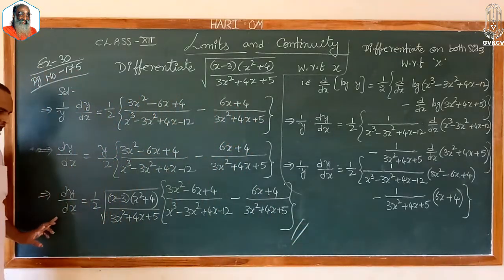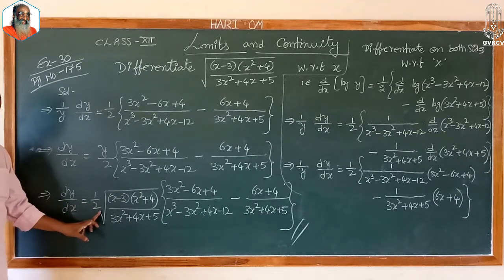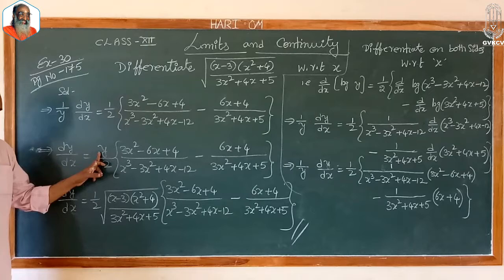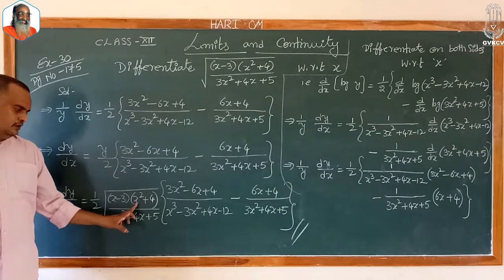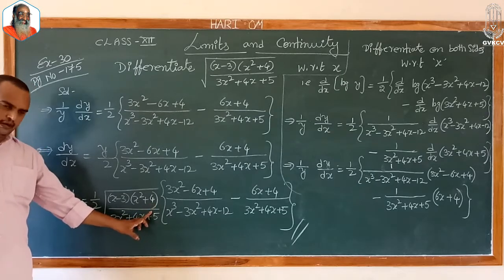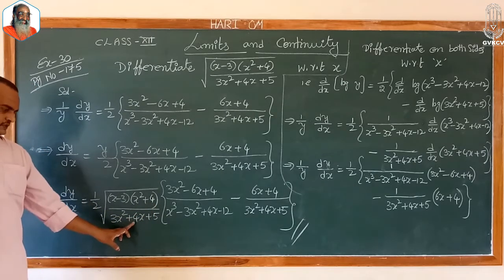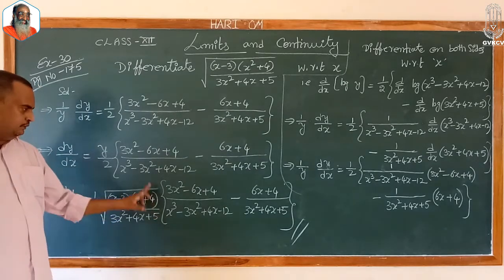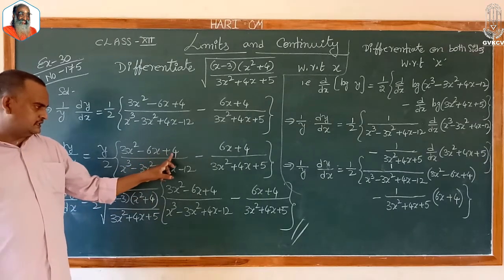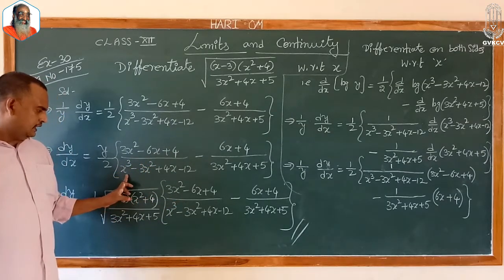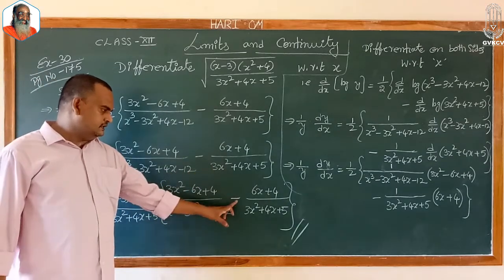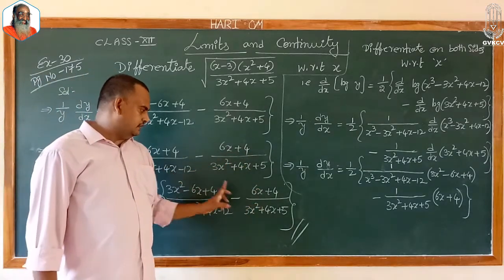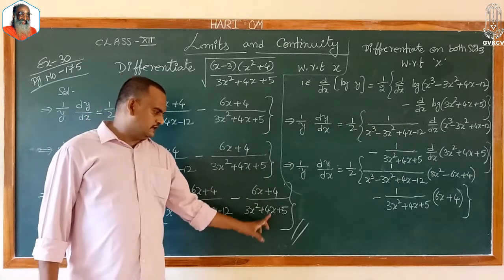So finally the derivative of the function is half into the value of y. What is the value of y? Square root of (x minus 3)(x square plus 4) by (3x square plus 4x plus 5), into (3x square minus 6x plus 4) by (x cube minus 3x square plus 4x minus 12) minus (6x plus 4) by (3x square plus 4x plus 5).